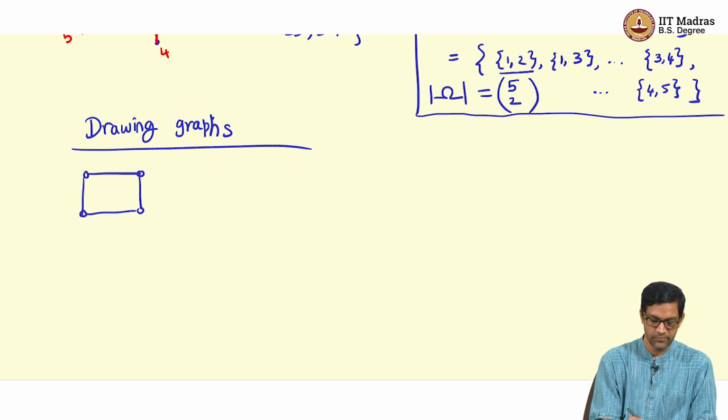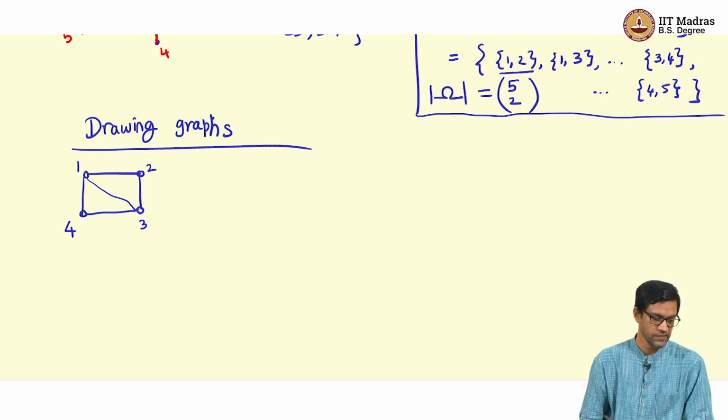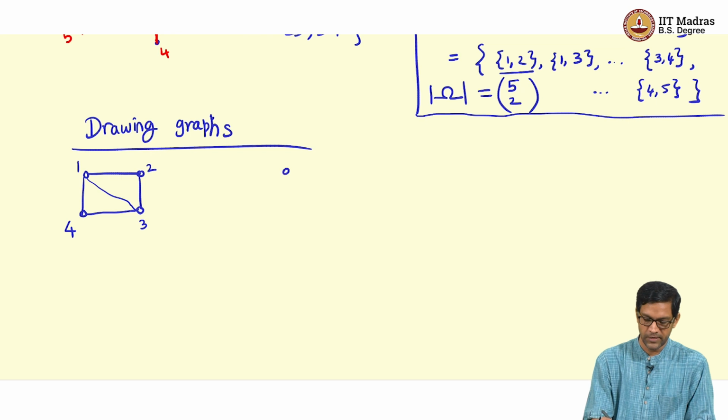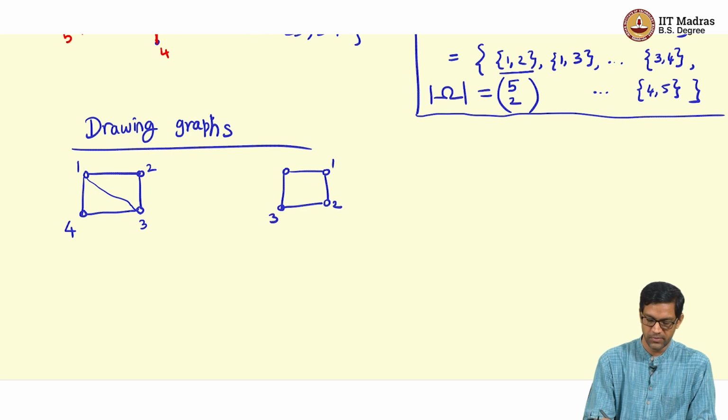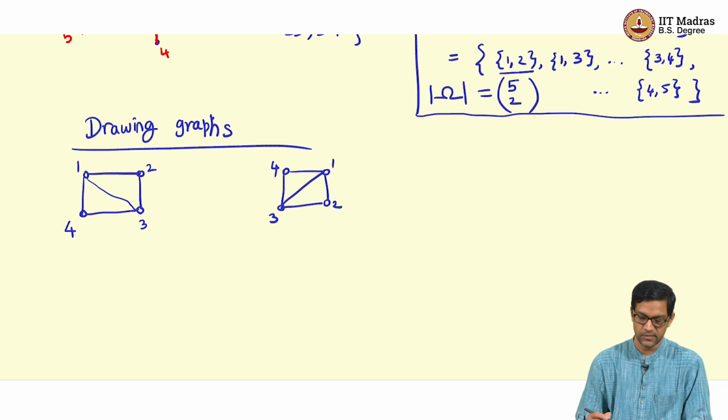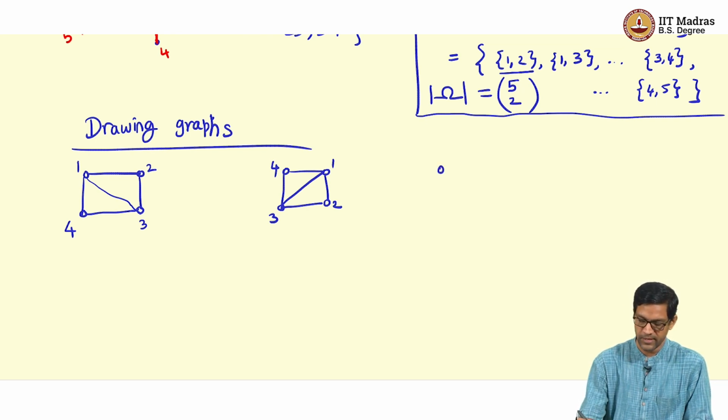So, here is a graph, and let us say there is also an edge connecting 1 and 3. So, this graph that I have drawn here, now let me draw yet another graph. Okay, now my vertices are numbered a little differently, 1, 2, 3, 4. So, here is another graph, and maybe there is here is one more.